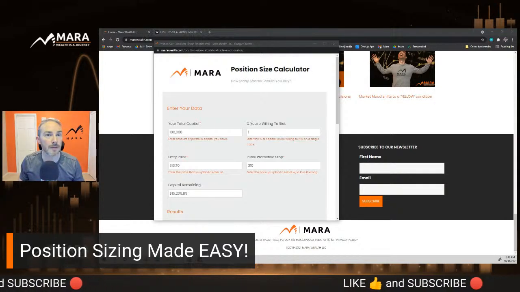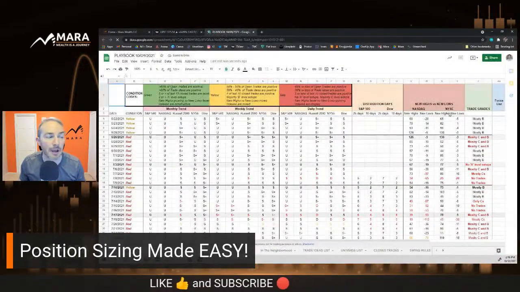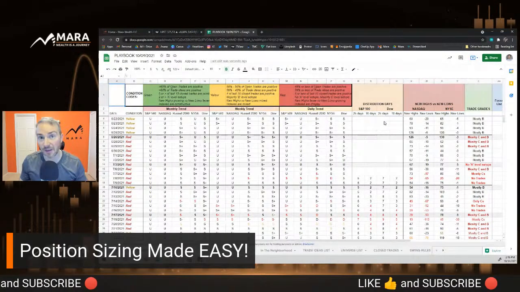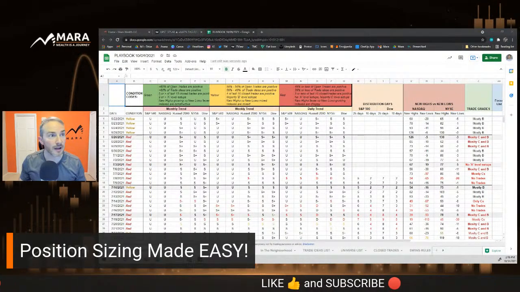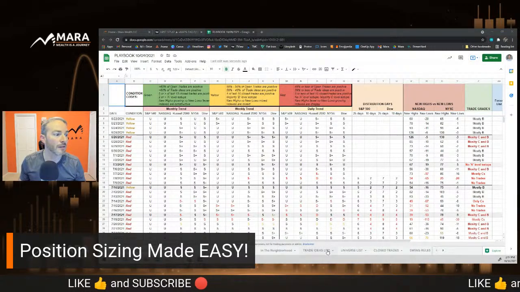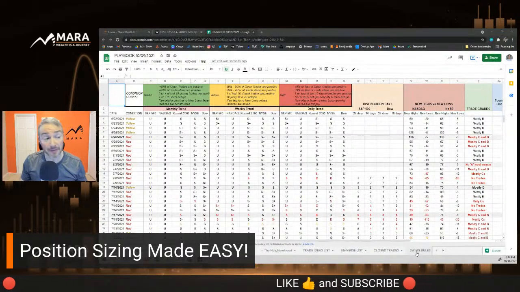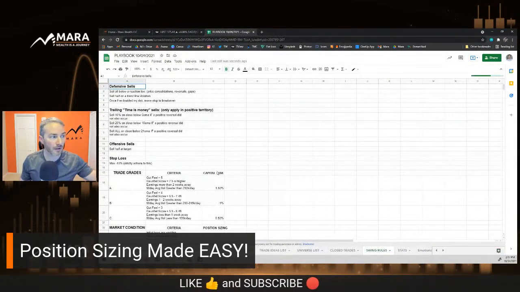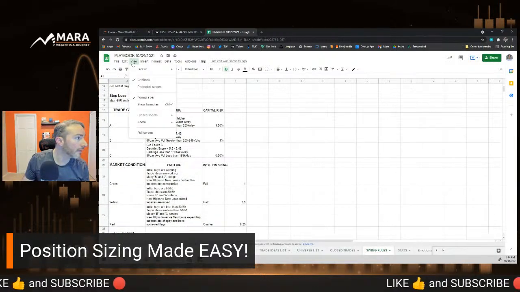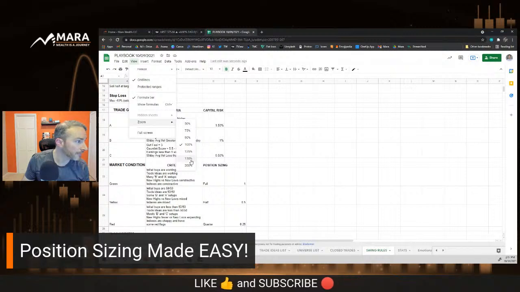So, for example, let me open up my playbook. If you were on the live stream yesterday, you got to see the playbook. We're going to do a second live stream on this next week because there's so much in this playbook that we didn't get to go over everything. Basically, the way that I position size is based on some of the stuff in this tab here. Why don't I make this a little bigger so you can see it.